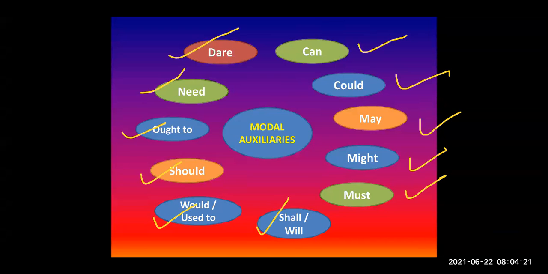How many modal auxiliaries are there in total? 13 modal auxiliaries. Now each of the modal auxiliaries we are going to see.